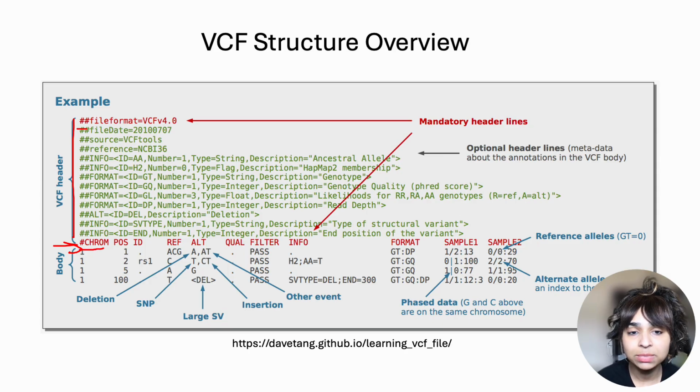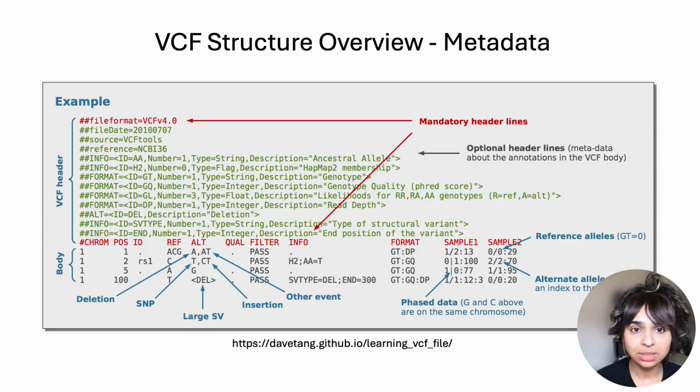This line names the columns that appear in the data section. Without it, we wouldn't know what each column represents. And finally, we have the data section. Each row here is a variant, a record of how the sample's DNA differs from the reference DNA. It tells us where the variant is, what the reference and alternate alleles are, how confident we are of this call, like quality scores, and what each sample's genotype is. So these are the three sections of our VCF file. Let's talk about each of these sections in detail in our next slides.